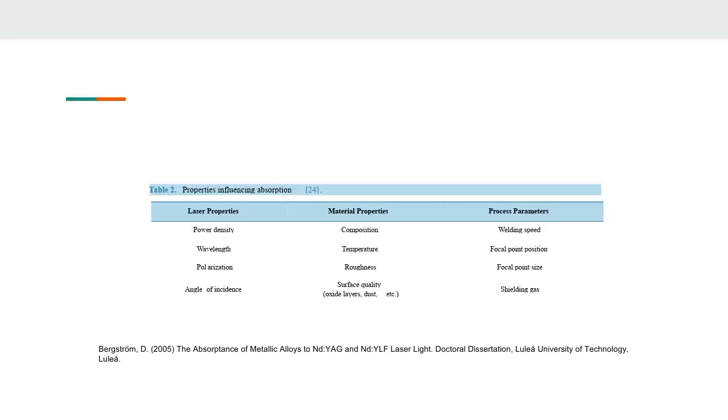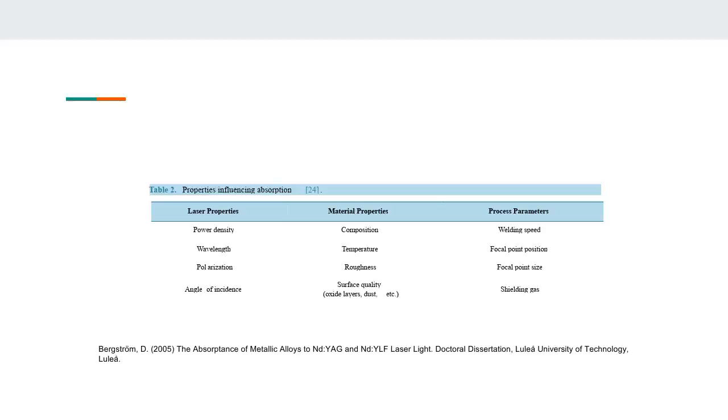The absorption level is not a steady factor but a function of laser and metal properties, which you can see in this diagram. So for power density, the material property is composition and the process parameter is the welding speed.